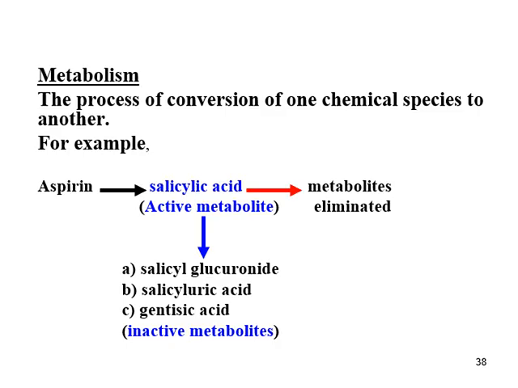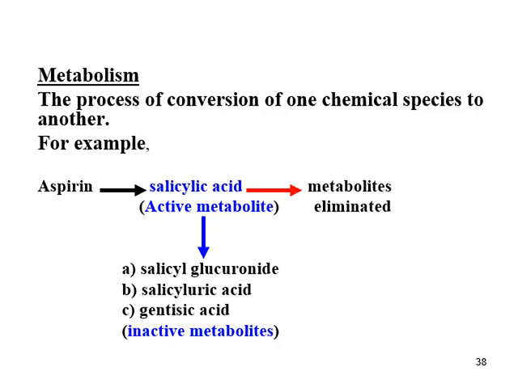And actually, besides salicylic acid, aspirin can be converted to salicyl glucuronide, salicyluric acid, or gentisic acid. All of them are inactive metabolites. So only salicylic acid has a therapeutic role, right?